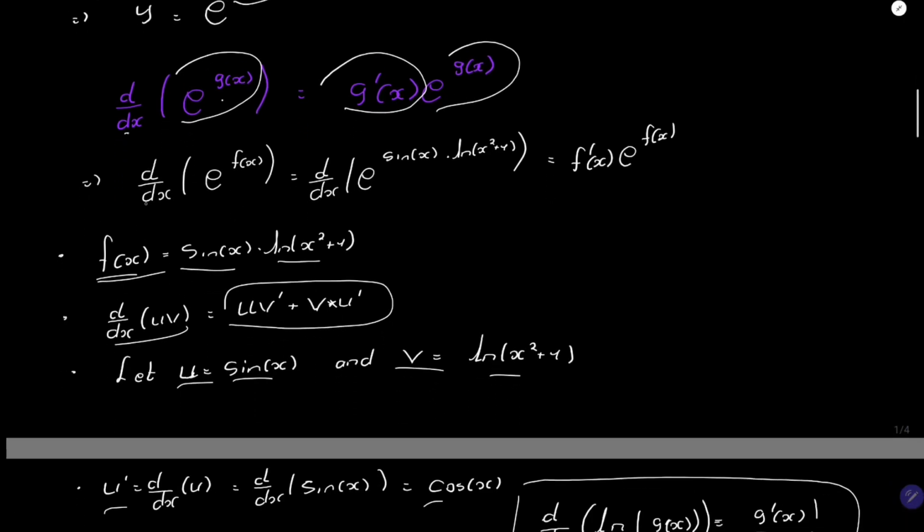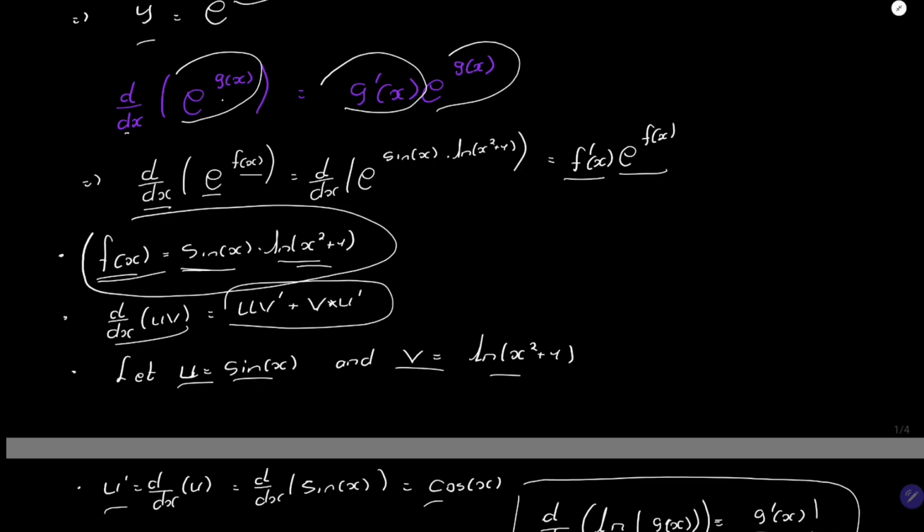So from our equation, we had the derivative with respect to x of e to the f of x, and this was supposed to give us f prime of x e to the f of x. Now this f is noted to be the product of two different functions, sine x and ln of x squared plus 1, and this derivative, f prime of x, is what we have just found. So in order to calculate the initial derivative for our function y, we substitute f prime of x into this initial function.